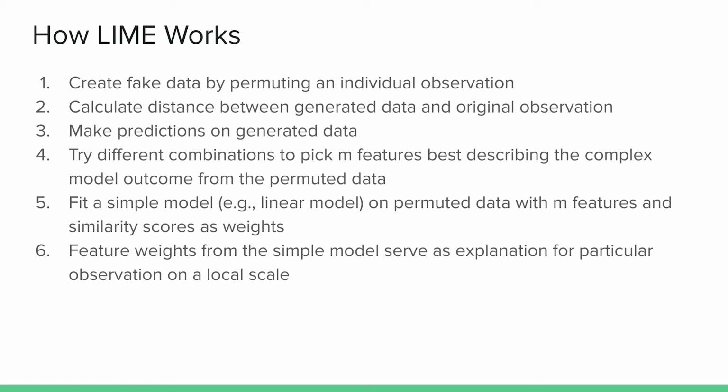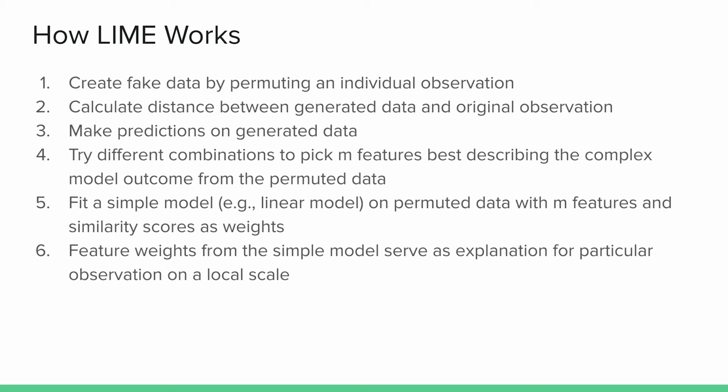Then, once we created some fake data, we compute the distance between the generated data, our fake data, and the original observation. Now we know how much we changed one of those fake samples and how close they are still to the original sample.